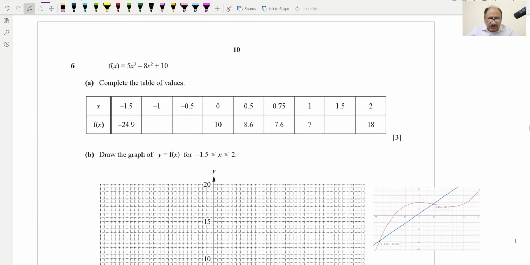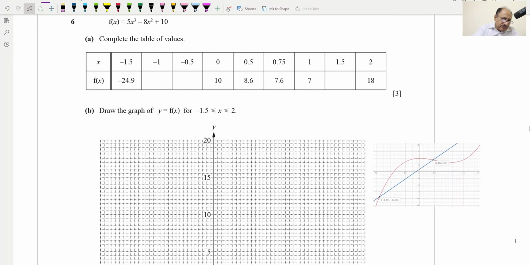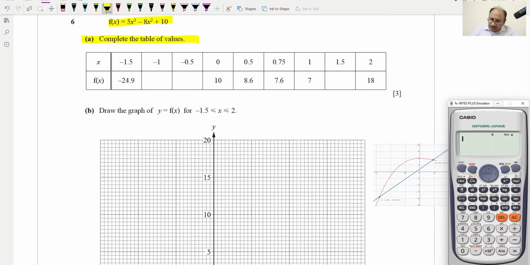Now question number 6. Question number 6 says f of x is provided. F of x is equal to this one. Complete the table of values. Now the easiest way to solve this is to type this equation, 5 and x cubed, so x cubed minus 8x squared plus 10, and after typing this one we can calculate for minus 1.5.